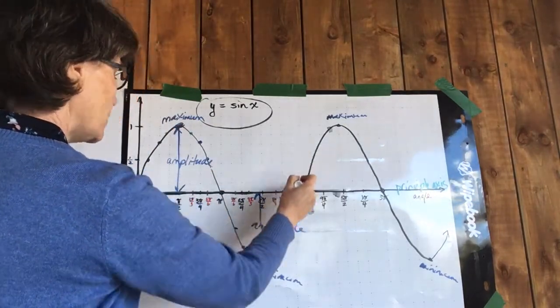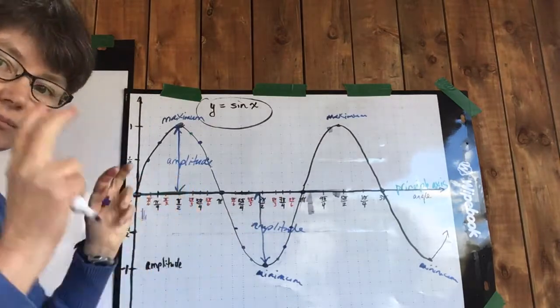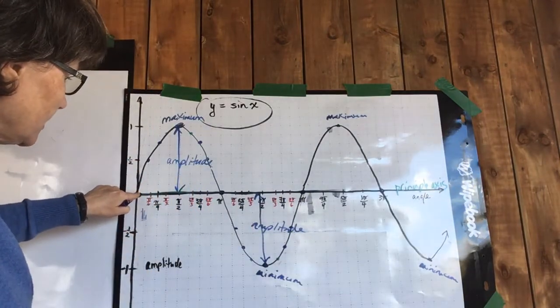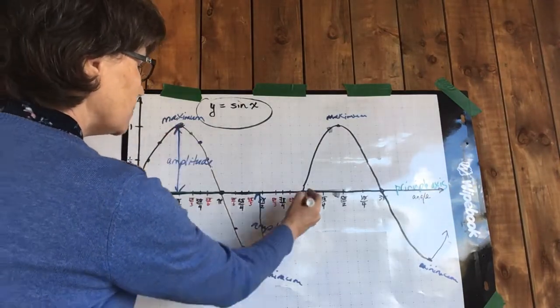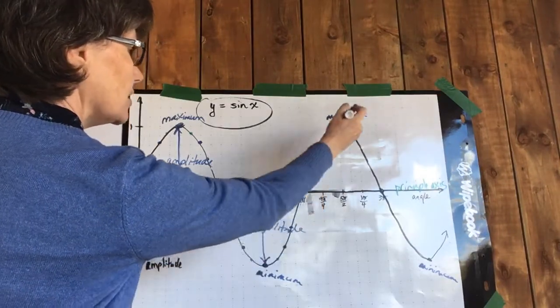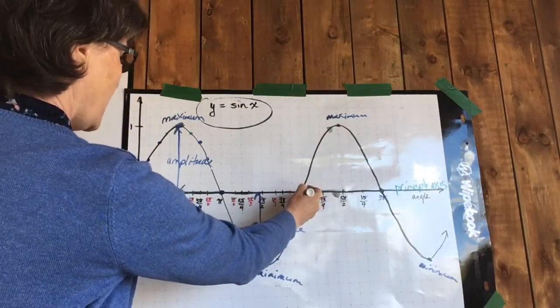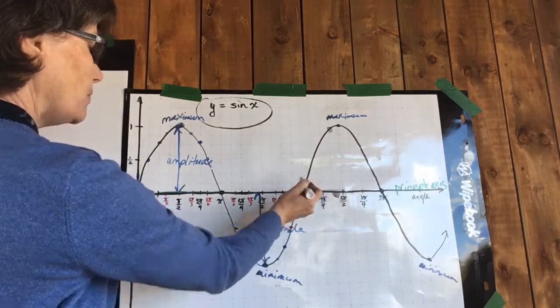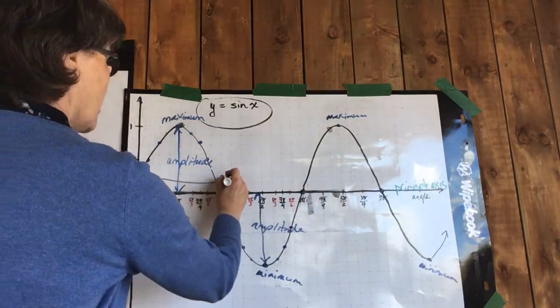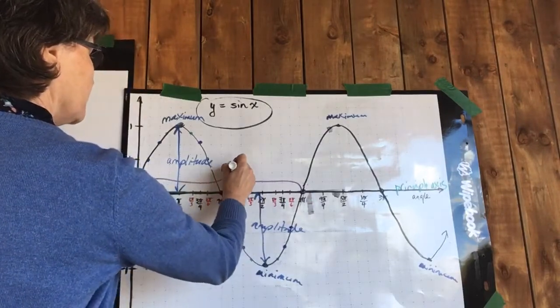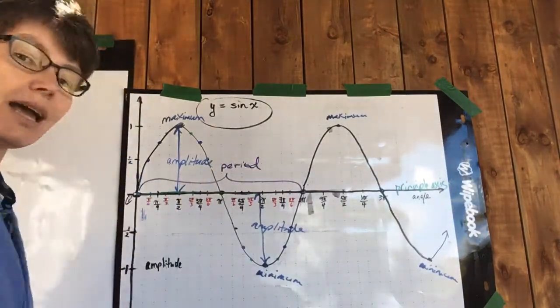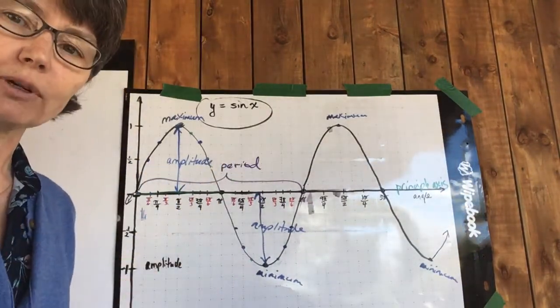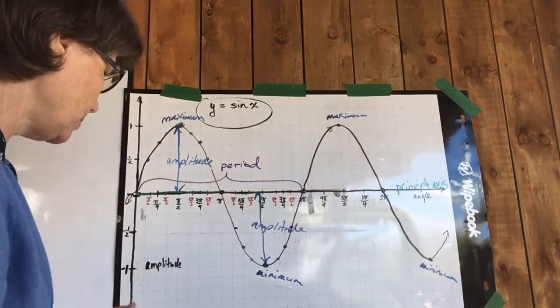And at this point, if I consider that I'm starting here at the origin, it's just starting to repeat the same pattern. So this distance from 0 to 2 pi is called the period. How long it takes before the pattern starts repeating again, the period.